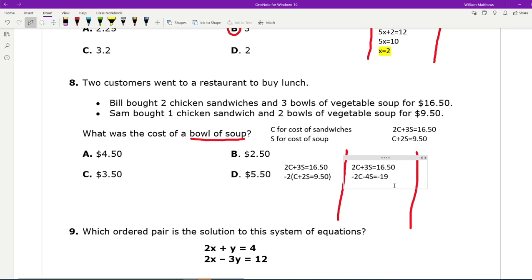Now when I combine these two lines, just to keep consistency with my earlier videos, show that I'm adding them.